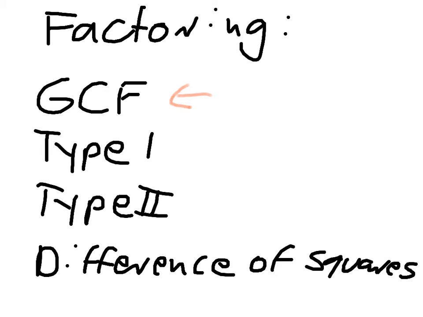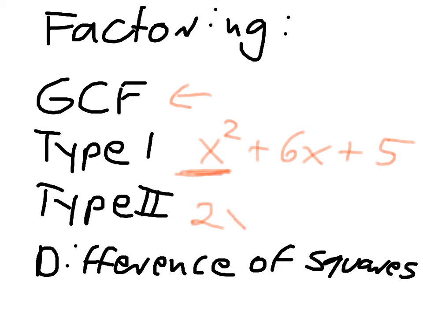Type 1 factoring is when you have three terms like this, and the x squared is by itself. Type 2 is when you have three terms, but you have a number in front of the x squared, like this 2 here.